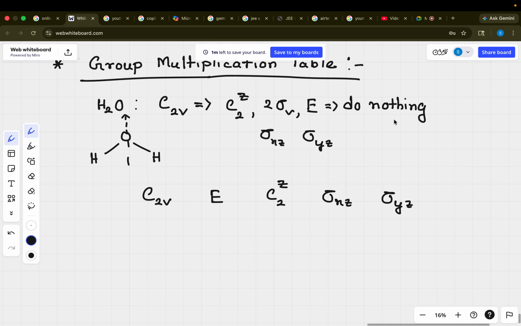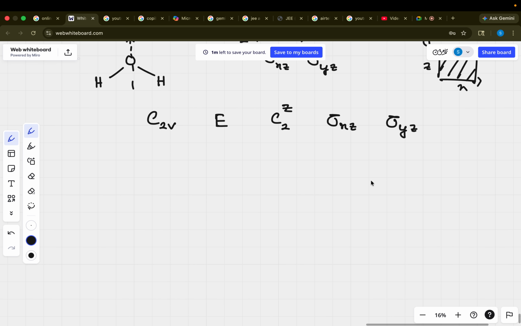This is your x axis and this is your z axis, so this plane is sigma xz, the xz plane. Here this will be your y axis and this your z axis, so this plane is your yz plane. These are the two planes we have.